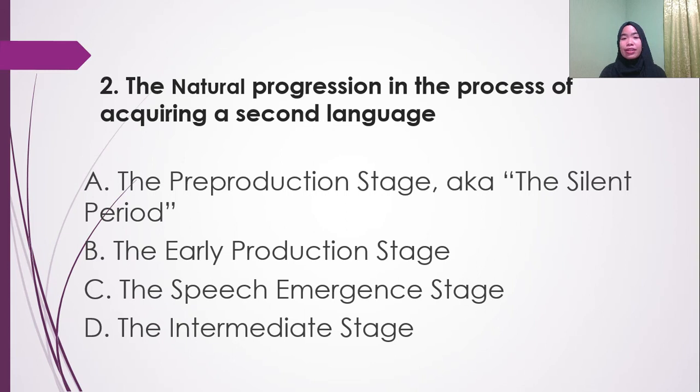The second stage is the early production stage. Here, English learners, or ELL, are able to answer with one word. Meaning, if the students have at least one English word, then they are already in the early production stage. The third stage is the speech emergence stage.